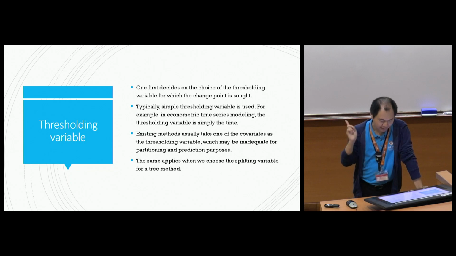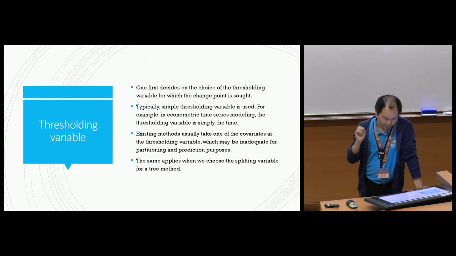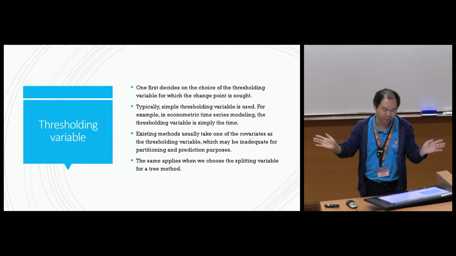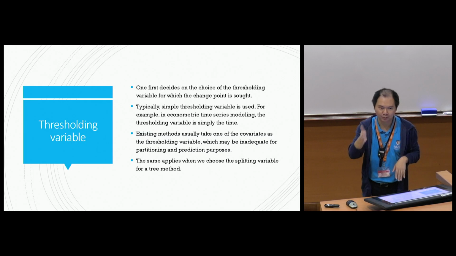You see, for example, in economics, if you do time series analysis, the splitting variable, the thresholding variable is just time. Okay, you just look at whether the time is below 1995 or after 1995. So time is a variable you use to split the sample. So you separate the time series into two parts by looking at the time.